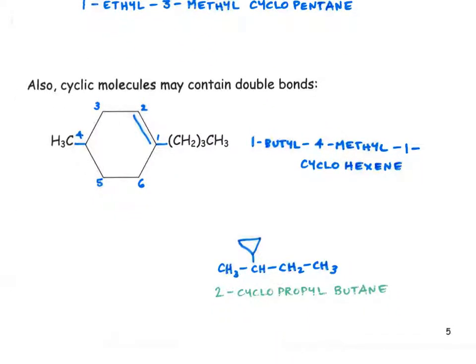Cyclic molecules can also include double bonds, and with your molecular model set, I would encourage you to pause the video and construct this molecule so you can see what it looks like. When you put it together, you'll notice for numbering, there are a few things going on.